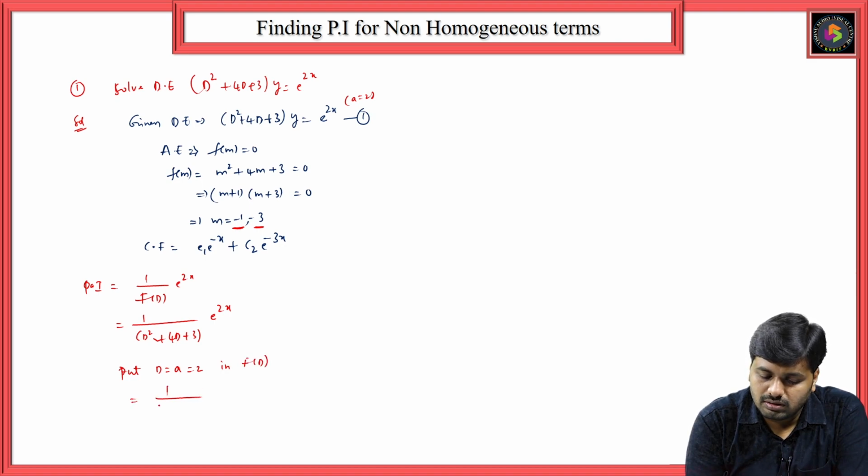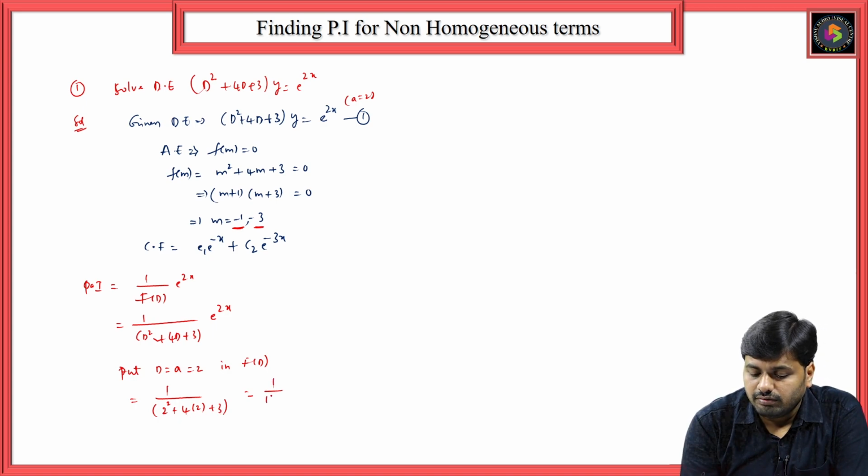The value is 2 whole square plus 4 into 2 plus 3, that is 4 plus 8 plus 3, that is 15. So 1 by 15 of e power 2x is the particular integral.